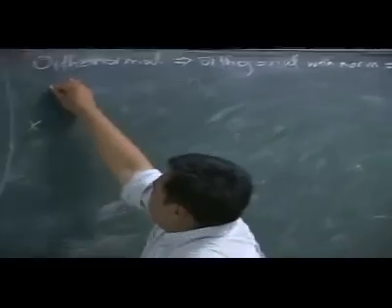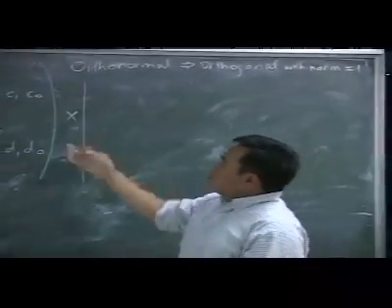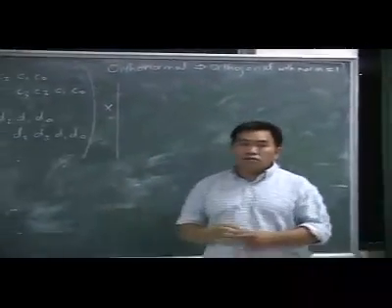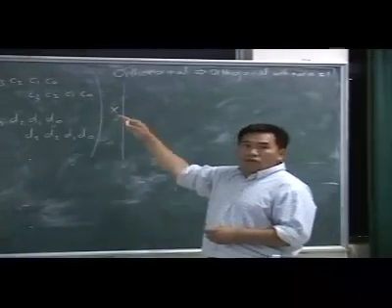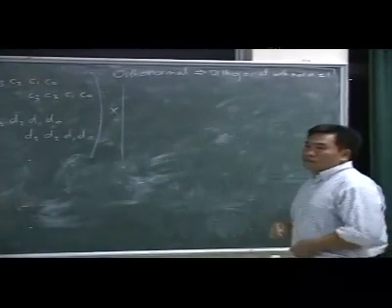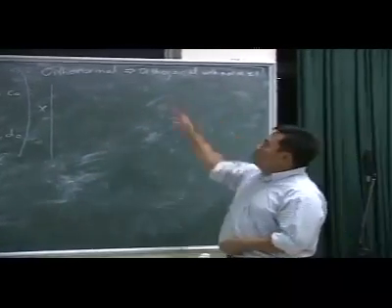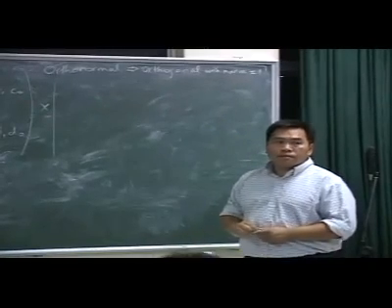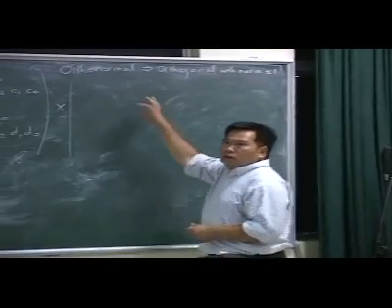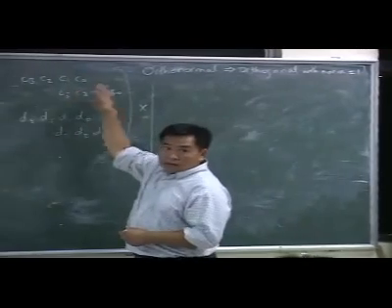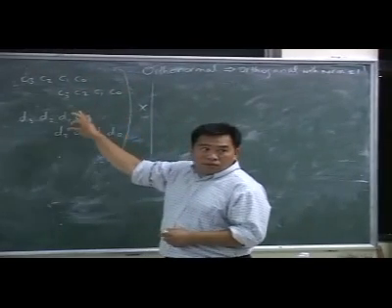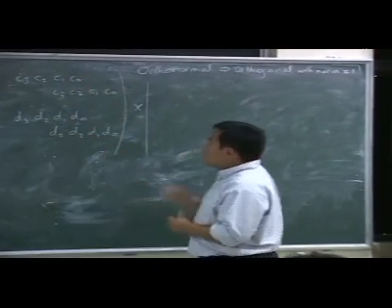So how do we choose C and D such that this matrix is orthonormal? How do I make it orthonormal? You want the norm of this vector equal to 1. Tell me the condition.